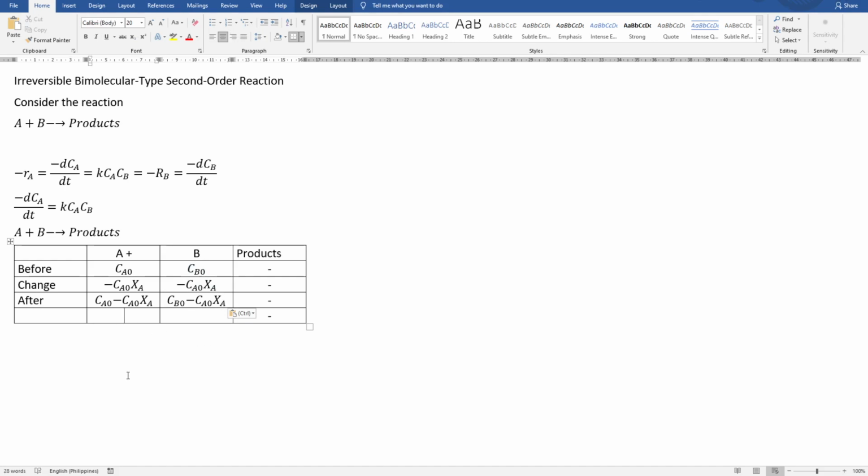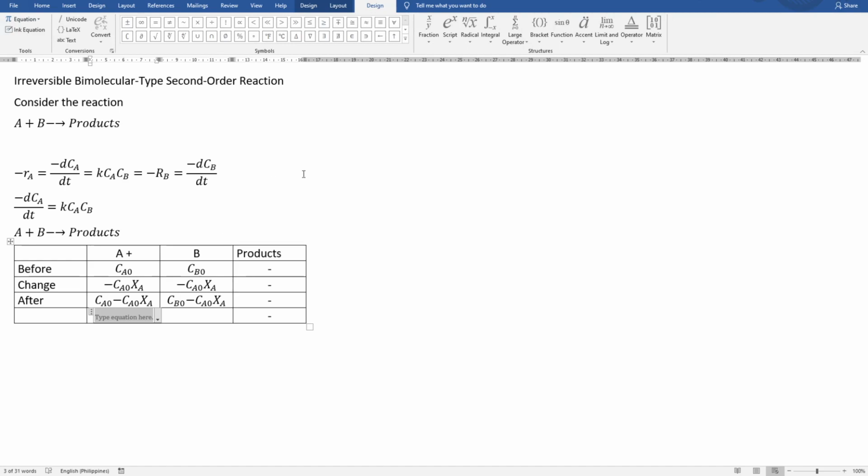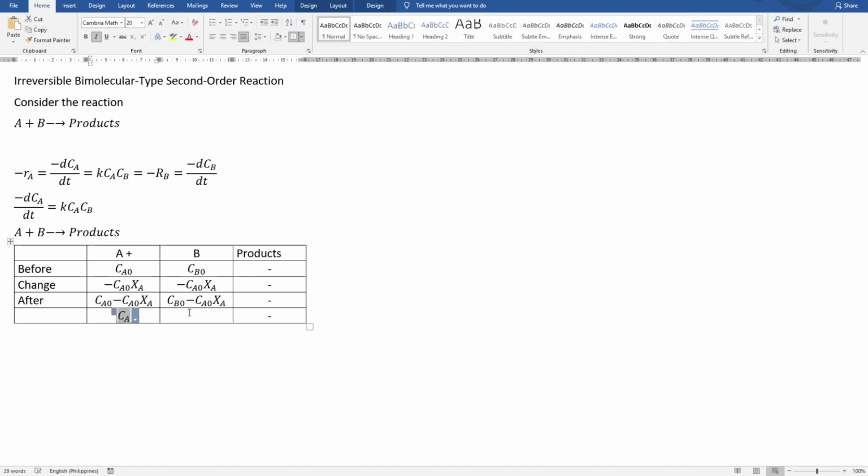Add, right? And then if we add, the after is also the same as saying this is CA and this one is CB.